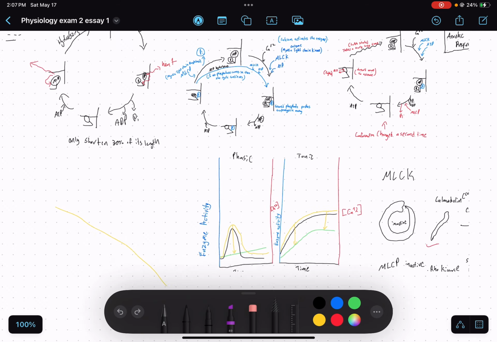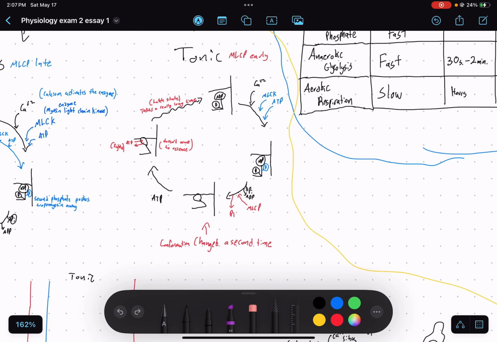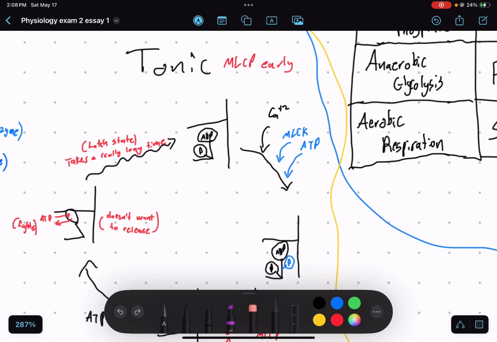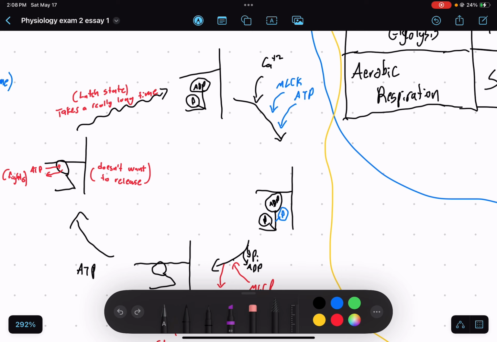And then we also have a tonic pathway. The tonic pathway is similar, but the MLCP, the myosin light chain phosphatase, comes in early. So rather than coming in on that last part, it's going to come in on the second part, as we see right there. So we have an unattached ADP and phosphate, and then that calcium is going to come in and help remove the tropomyosin.